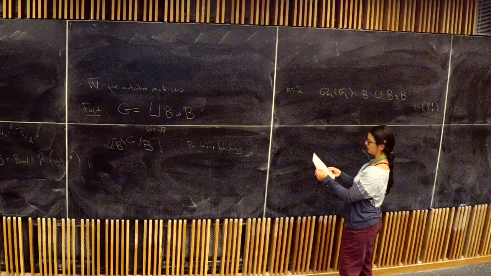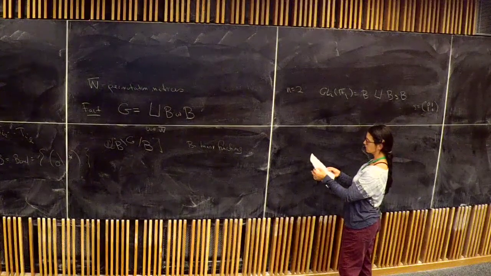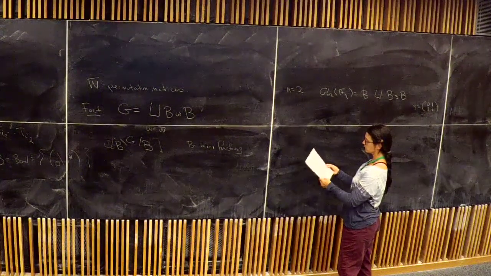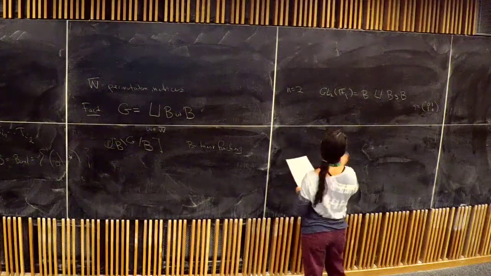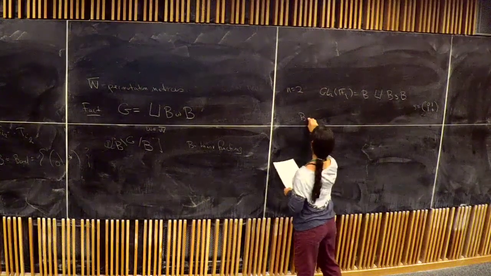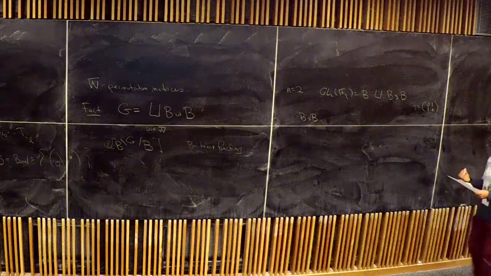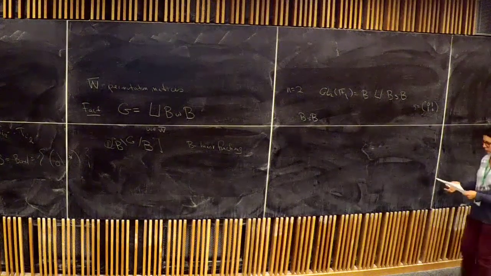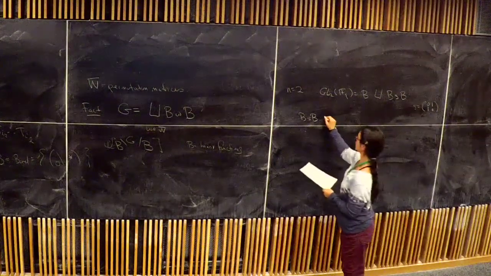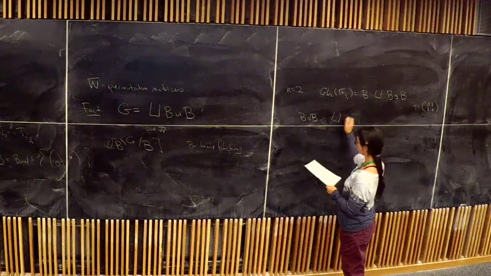Let me say what this other double coset looks like. So you might remember double cosets come in different sizes from each other, but you can always decompose a double coset into a union of left cosets.